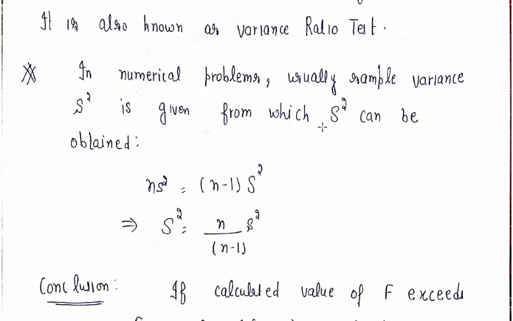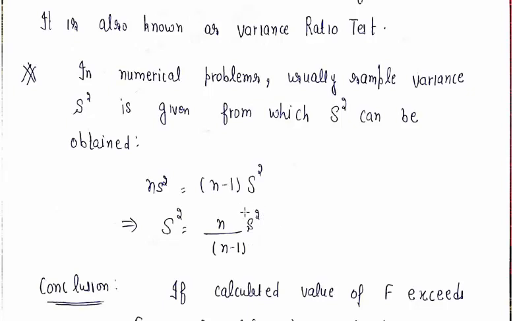And we can obtain the value of capital S square by using this relation: n into small s square equals n minus 1 into capital S square. So capital S square equals n over n minus 1 into small s square, where this small s square is the variance of the sample.